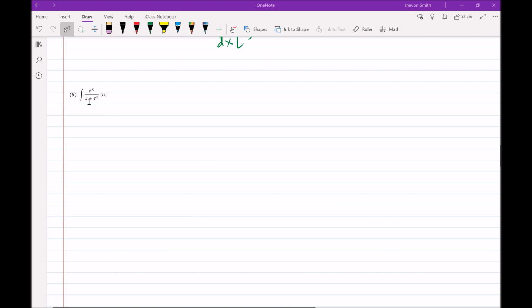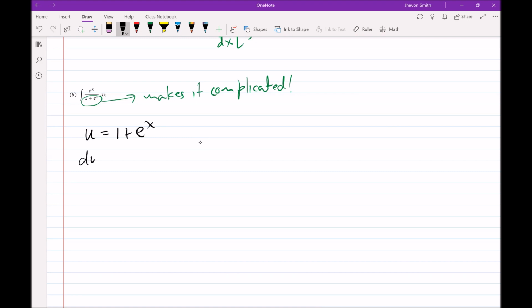So I have this fraction, and I can't simplify it because I can't split a fraction across the denominator. So I would realize, you know what, this denominator makes it complicated. So what I'm going to do is let u equal the denominator, because that's making it complicated. Then I'm going to find my derivative.